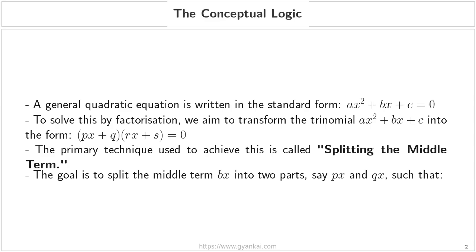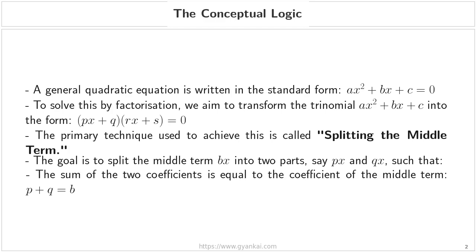As you will see in the next few slides, the core of this method lies in a very specific mathematical goal. We want to take that middle term, bx, and break it into two separate parts, which we will call px and qx. However, we can't just pick any two numbers. For the factorization to be mathematically valid, these two new coefficients, p and q, must satisfy two strict conditions.